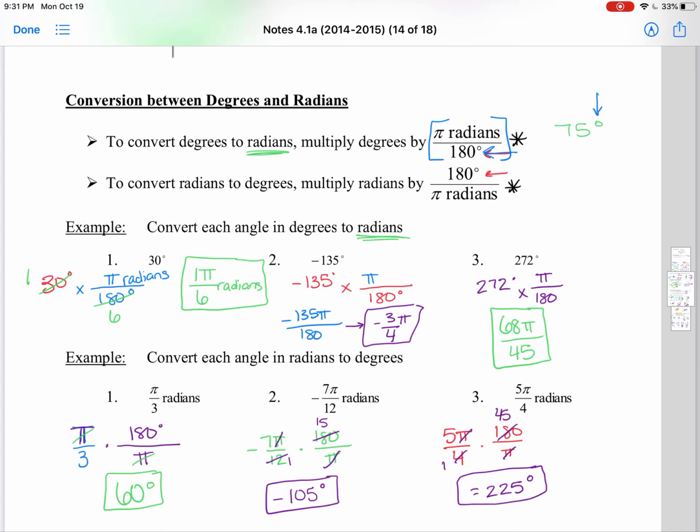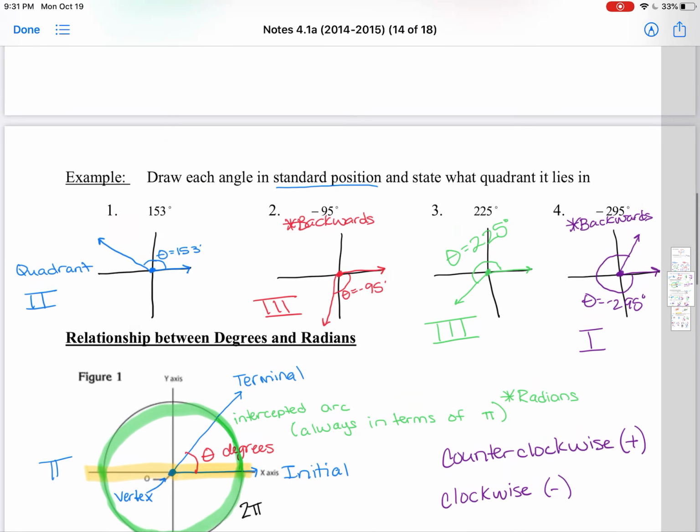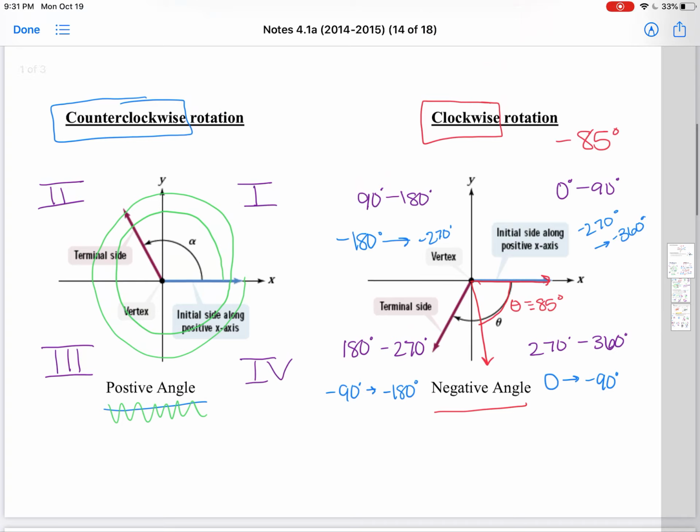And then last but not least, please remember these two functions. In order to convert, they go hand in hand. They're just flip-flopped. If you get stuck on which one's the numerator and which one's the denominator, we're just thinking what has to be canceled. If it has to be canceled, then that needs to be in the denominator when you go to multiply so that you can be left with radians if you need radians, or you can be left with degrees if you need degrees.